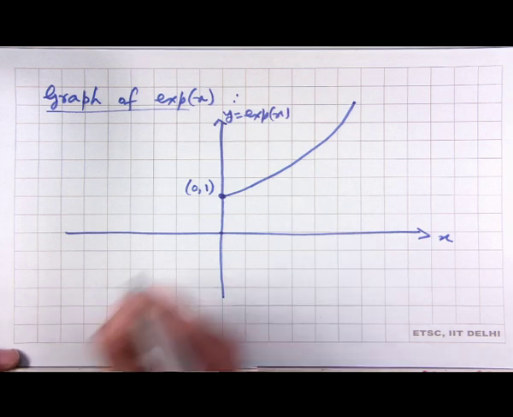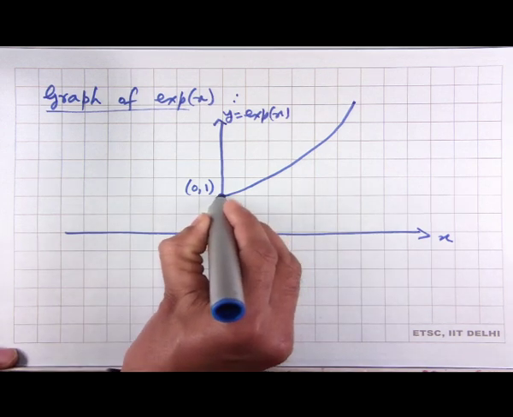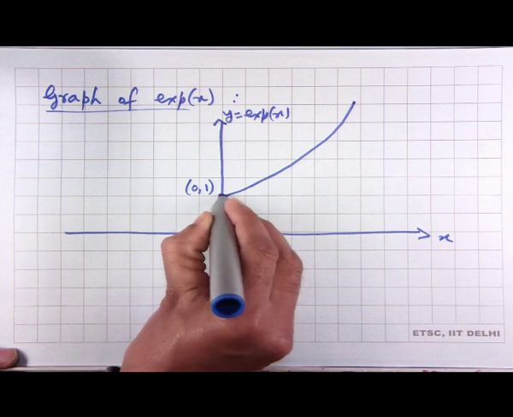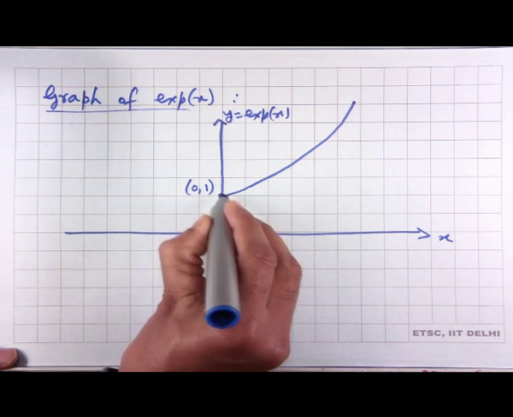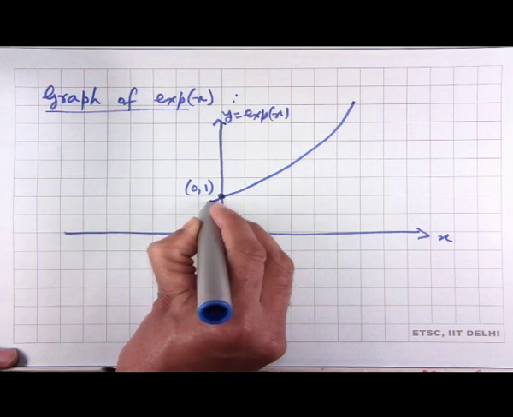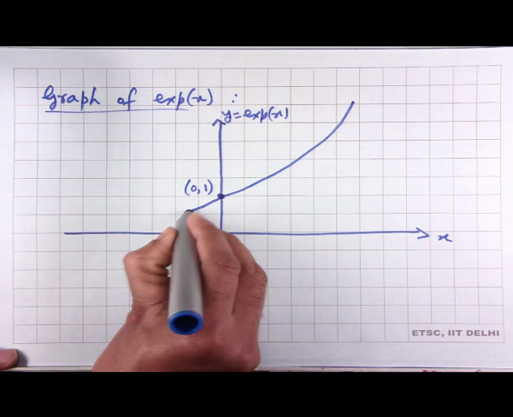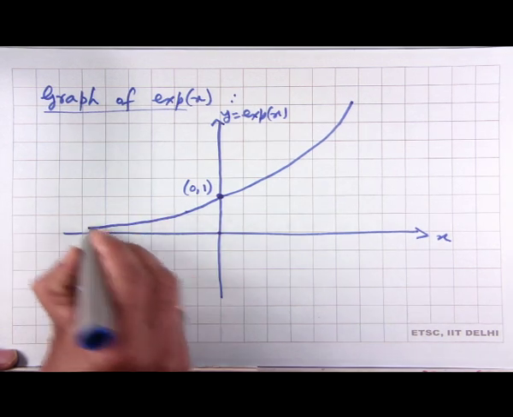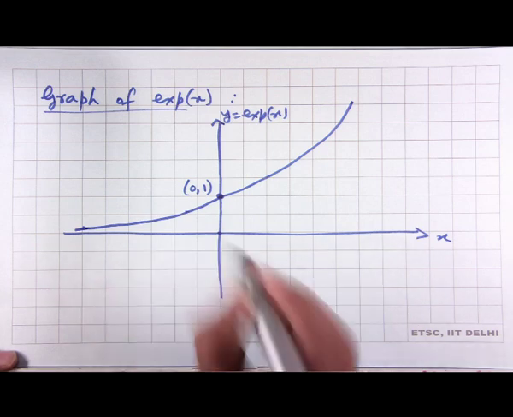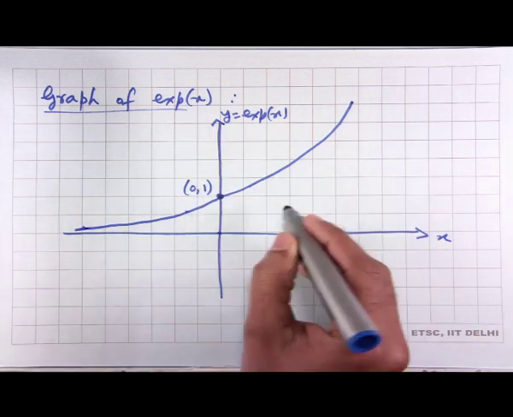And if x is negative, then because this is an increasing function, exponential of x should be less than exponential of 0, which is 1, and as you go to negative infinity, this goes to 0, right. So, this is the graph of the function exponential x.